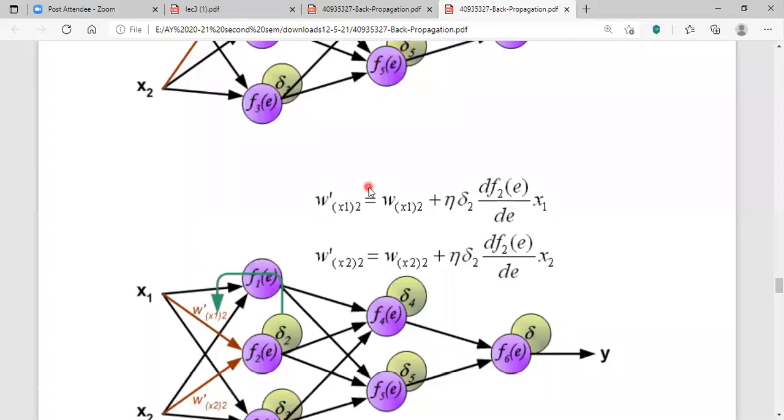considering the corresponding error value. Which weight is updated, that corresponding error value you need to consider, and the corresponding derivative of your activation function you need to consider.